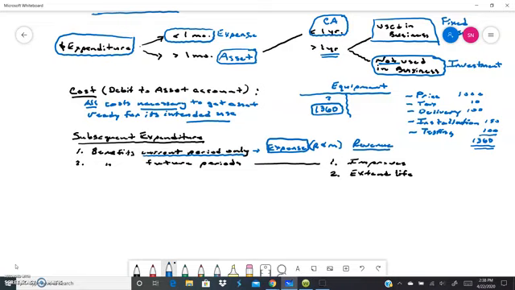If it benefits future periods, in other words, more than just the current period, it would be classified as either an improvement in the asset, or it would extend the life of the asset. And we'll go through a couple of those examples in a moment. In that case, it's a capital expenditure, and it's basically going to be recorded as an asset.